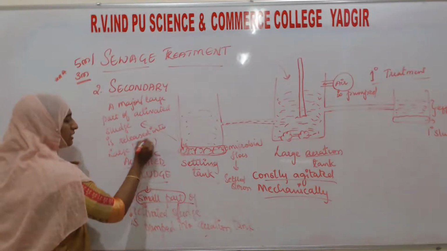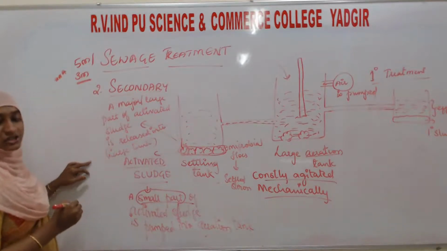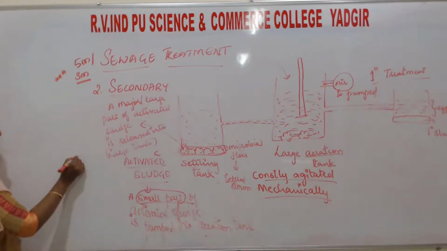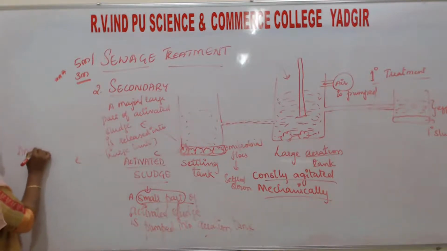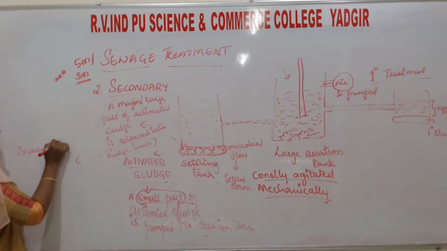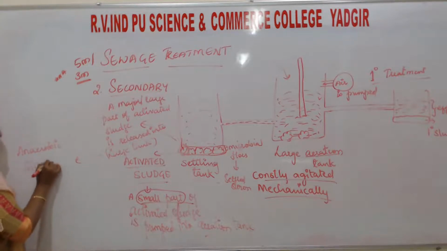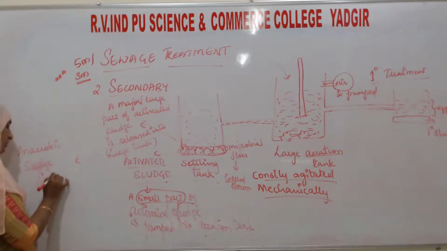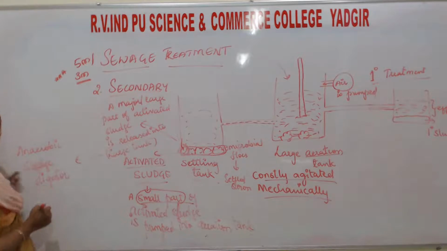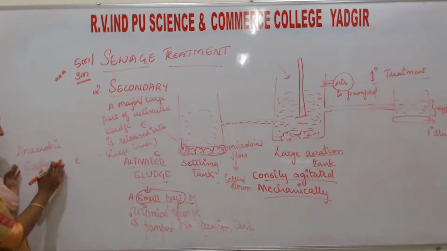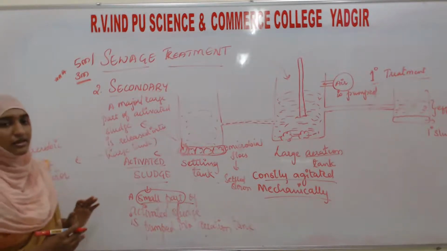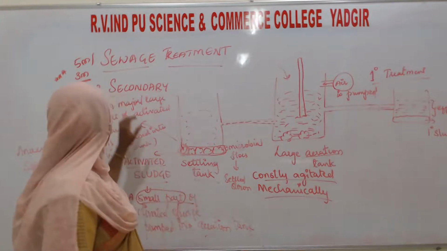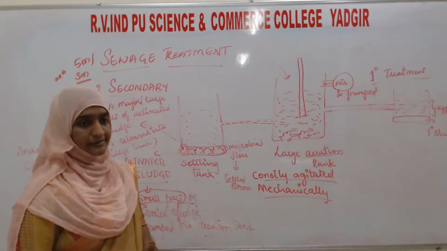That large tank we can call the anaerobic sludge digester. This anaerobic sludge digester tank will be explained in the tertiary treatment.